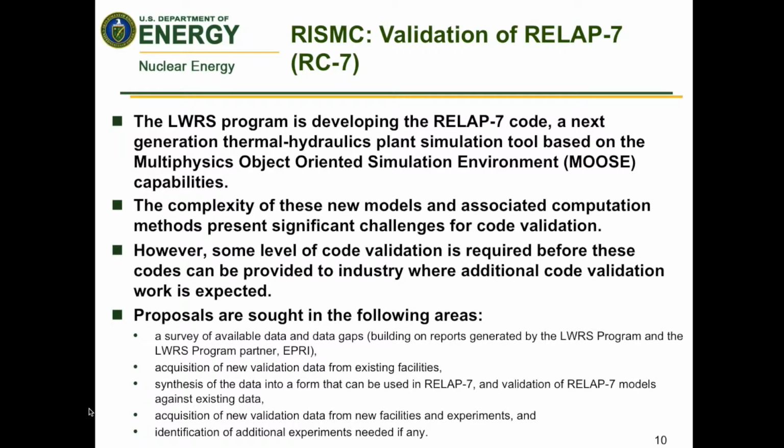Yes. Correct. Can you clarify again what specifically traditional validation means? Is the program interested in calibration of the RELAP5-7 code? If it was just a comparison of RELAP5-7 to, say, experimental data, like what was done on other codes such as RELAP5 and TRACE and others, that would fit into the other call, RC7.